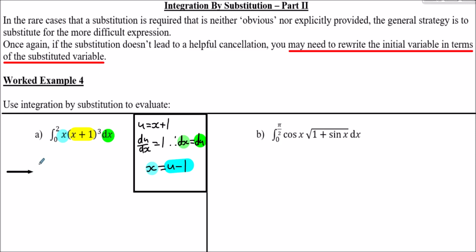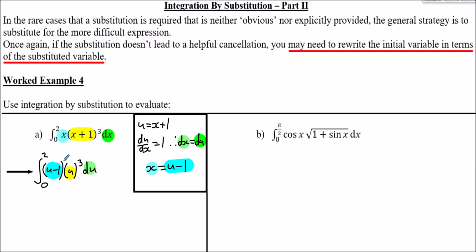So this is going to be the integral from 2 to 0 of x, where x is of course now u minus 1. X plus 1, well, we've called that u. And dx is the same as du. So x becomes that, x plus 1 becomes this, dx becomes du.